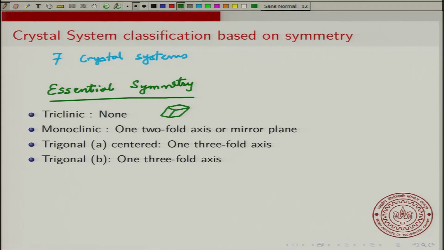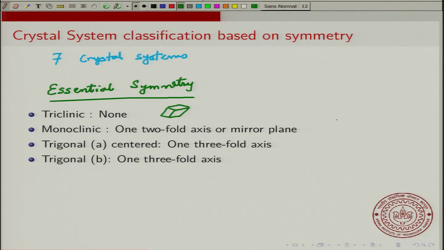What about monoclinic? We said that it should have one two-fold axis or a mirror plane, and if you remember the monoclinic crystal, it had the restriction that two of the angles were 90 degrees, even though the sides could be arbitrarily different.